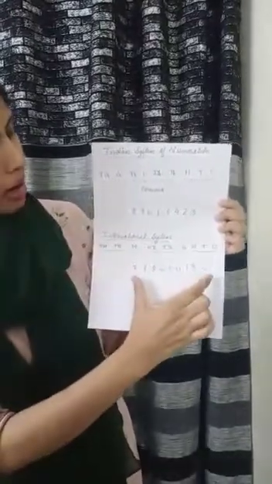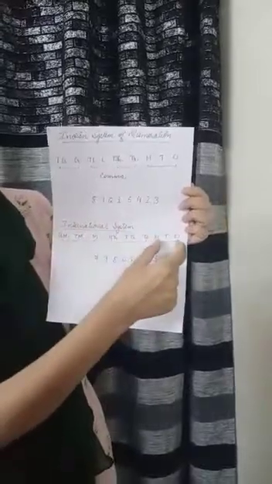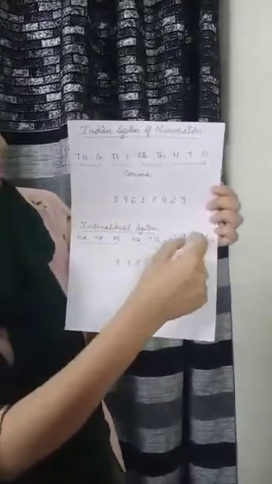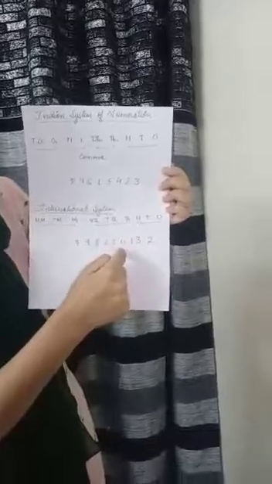If this is the number, how will we put the commas? Again, we are going to apply the family rule. This is the 1,000 family, this is the million family. We are keeping it in one family. So we are going to start from here. 1, 2, 3. 1, 2, 3. Here. Then the 1,000 family.